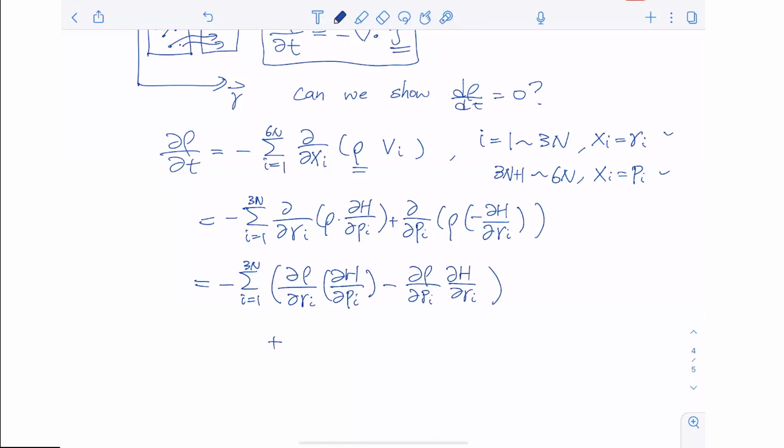But there's another term, and basically this thing is 0.